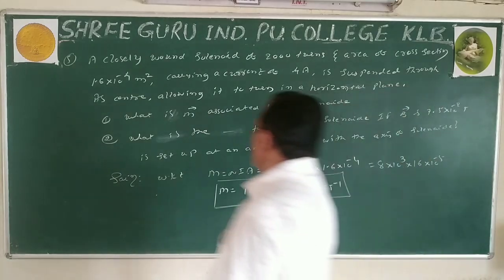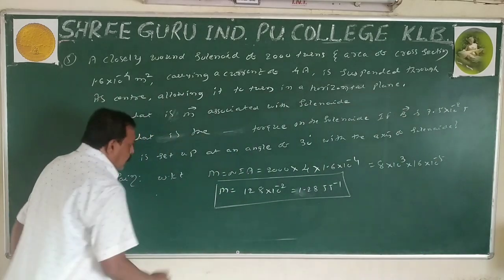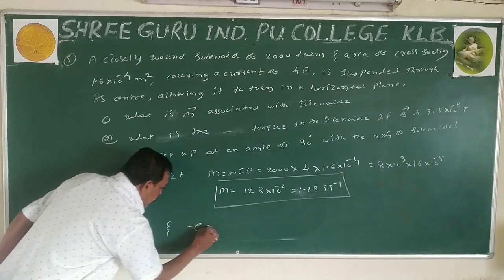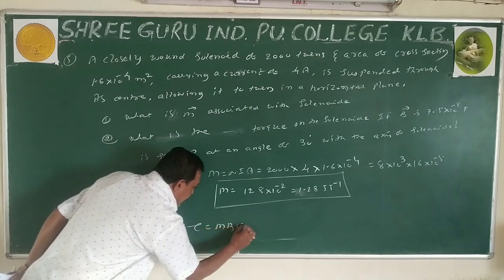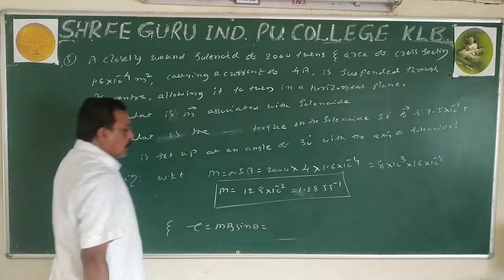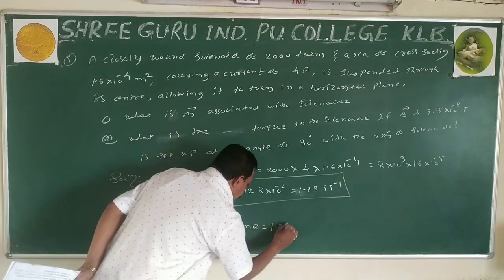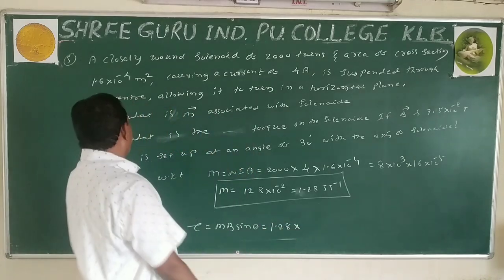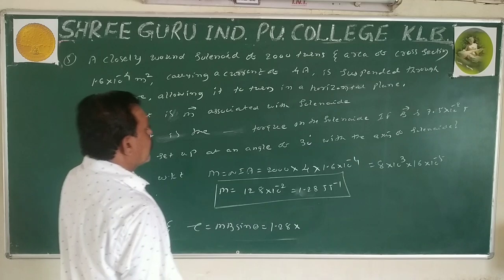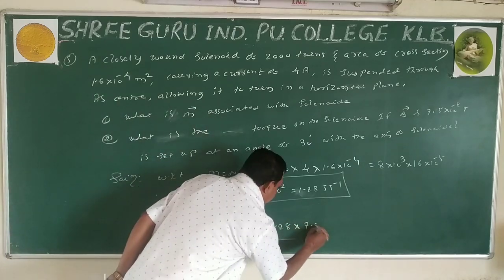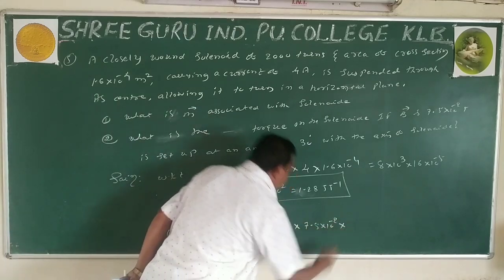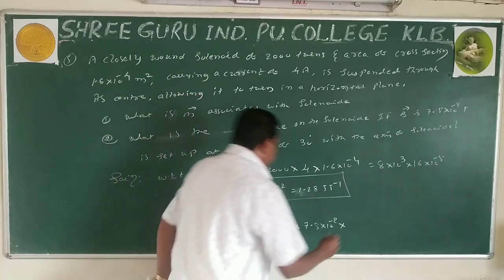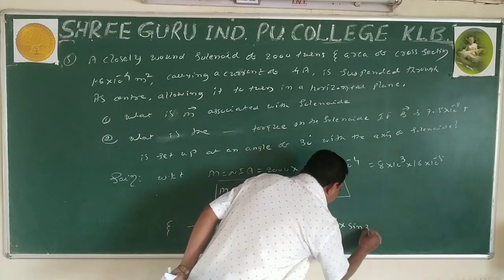Torque tau equals to mb sin theta. Already m calculate करो से 1.28. What is the magnetic field? 7.5 into 10 to the power of minus 2, sin 30 degree.